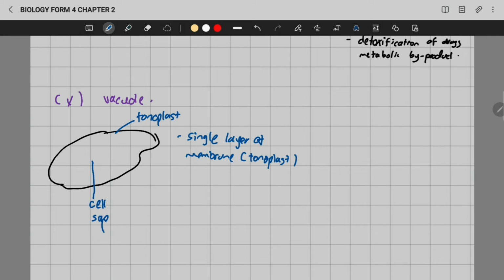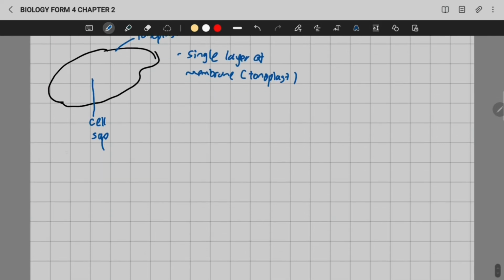In the cell sap they contain water, organic acids, organic material, sugars, amino acids, enzymes, and many more.